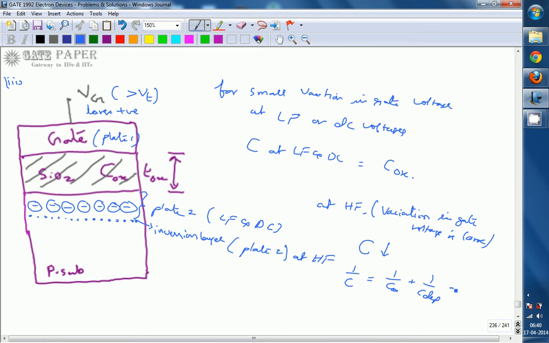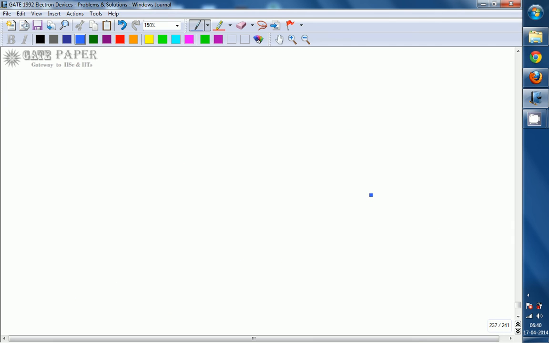This is treated as the minimum capacitance, C minimum, and you get the maximum capacitance, COX, in accumulation mode. This mode is called the strong inversion region.